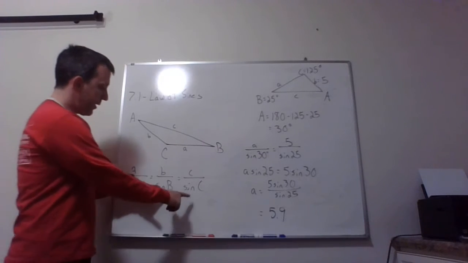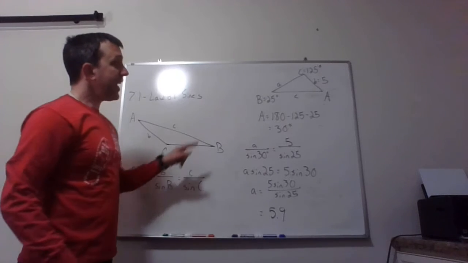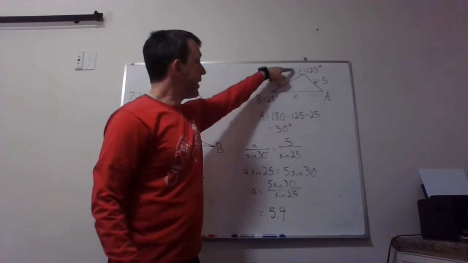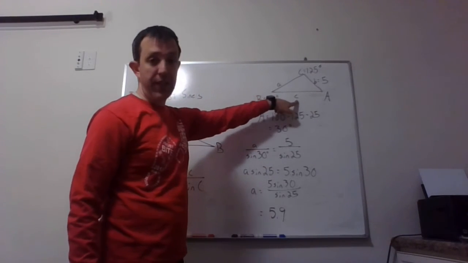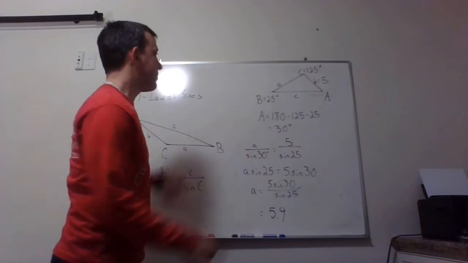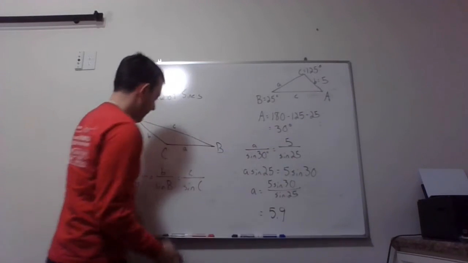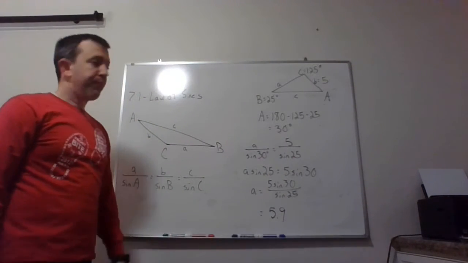So now I have to pick the other fraction that I want to use. I can't use the C's because that would give me another thing I don't know. We don't know side C yet. So I'm going to choose the B's. So I have side B is 5 and angle B is 25. And so I have that fraction.